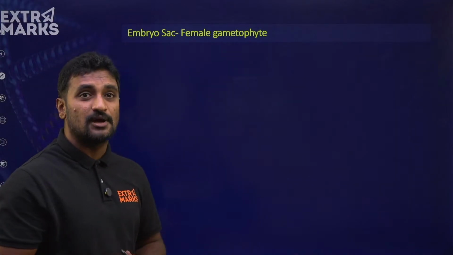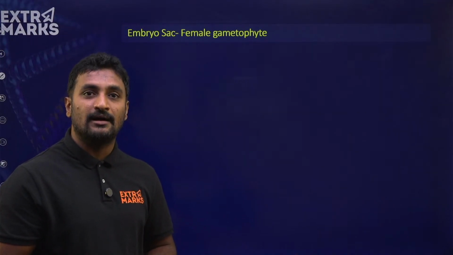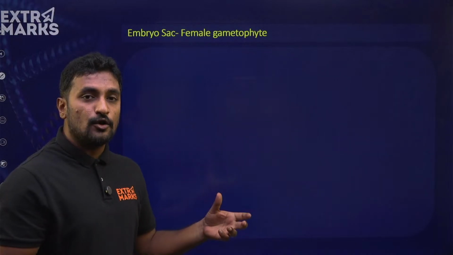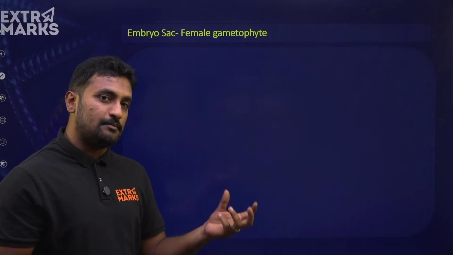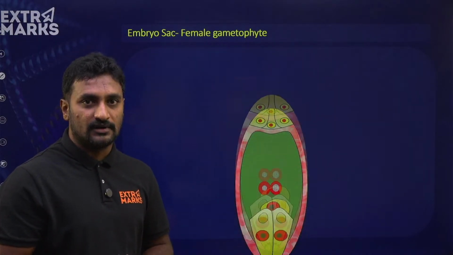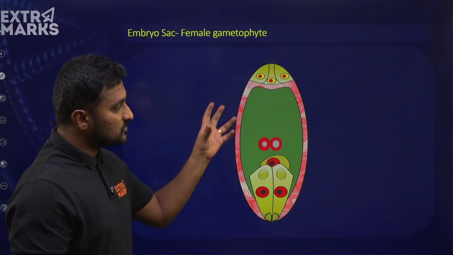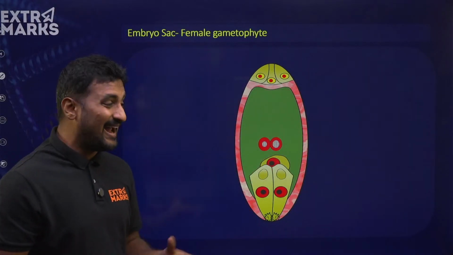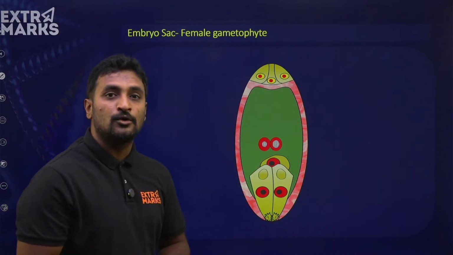The next question is about the embryo sac, the female gametophyte. As we all know, the monosporic embryo sac develops in the majority of flowering plants. A monosporic embryo sac consists of an 8-nucleate, 7-celled stage. Let us see what all those structures are.